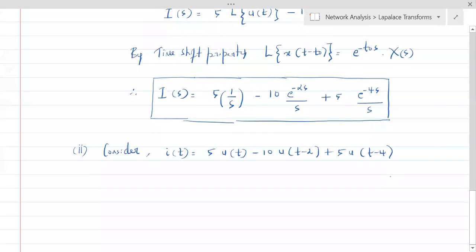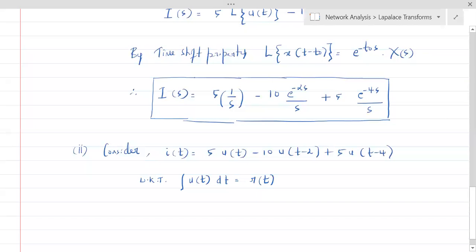This may not have been told to you, but if you integrate u of t with respect to t, you will get r of t. You understand that this is the ramp.